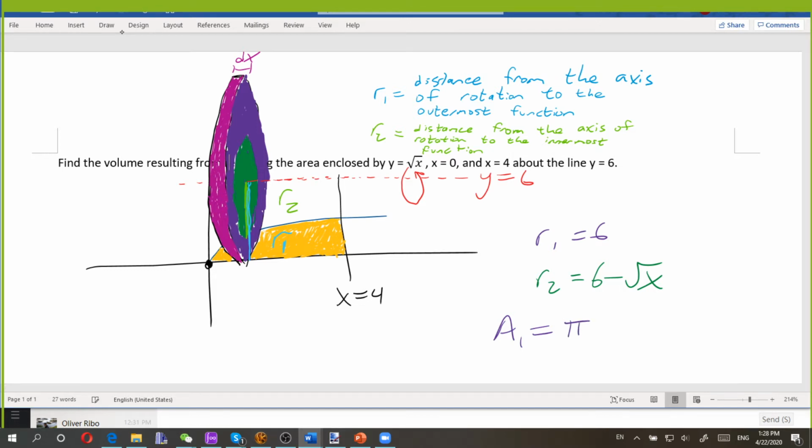Okay, I've got two radii. Pi r1 squared or r2 squared? R1 squared, okay. So for us, because R1 is 6, that would be pi times 6 squared, or 36 pi.